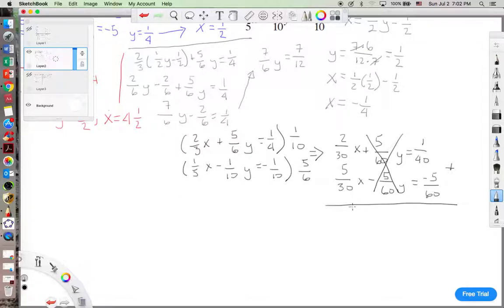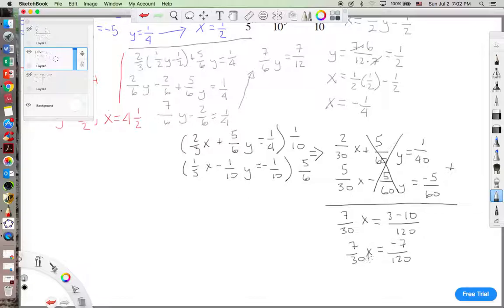Okay, vertical addition, 5 and 2 is 7 over 30 x, 0 y, and we're left with kind of a messy fraction here, but the common denominator is pretty easy, 120. So multiply 1 by 3, 40 by 3, and negative 5 by 2, 3 minus 10 over 120, or 7/30 x is equal to negative 7 over 120.